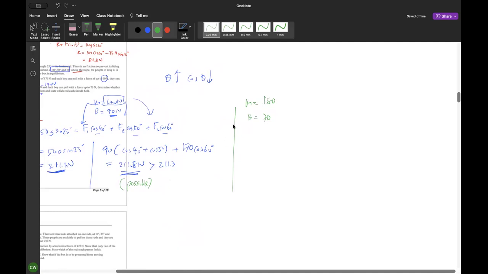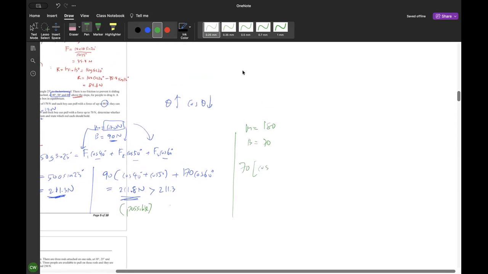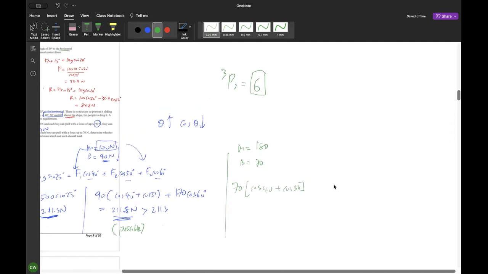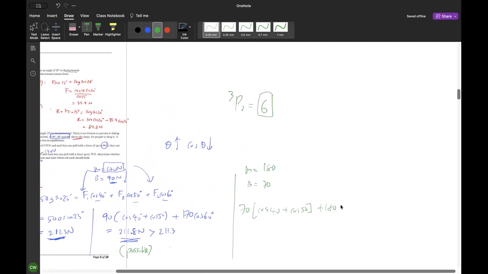Okay, like that. If you use the same formula, 70 here, because here we have three angles, 3P2, actually there are 6 combinations for different things. So if you use the same one, maybe they cannot. 40, 50, 180 cos 60.